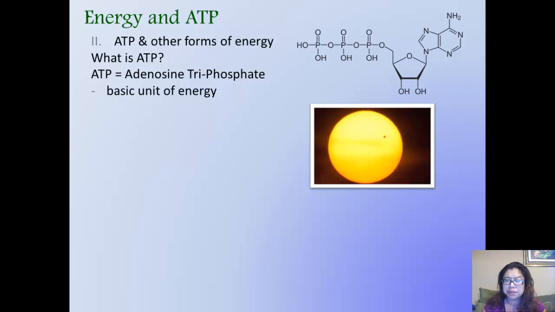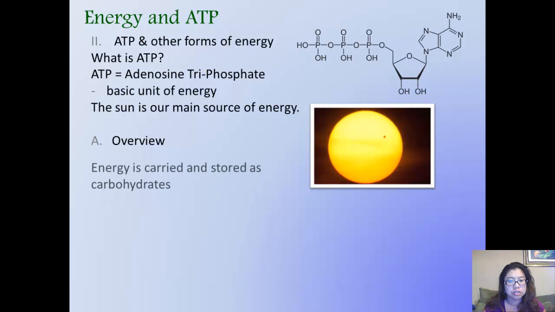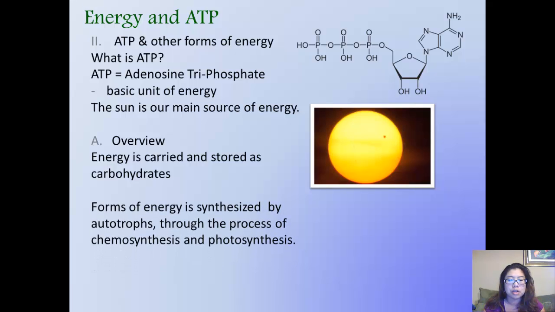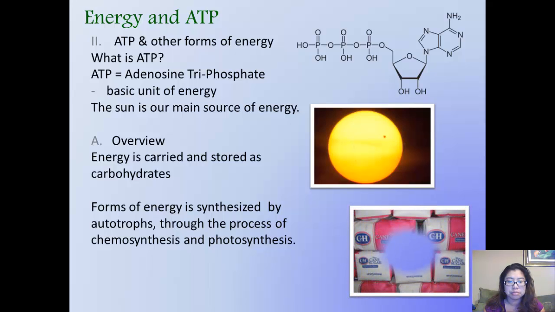So as a review, our sun is our main source of energy. Once we get it from the sun, energy is carried and stored in the form of carbohydrates. Energy is synthesized by autotrophs through the process of chemosynthesis and photosynthesis. Now, as you can tell, that glucose is decomposed.